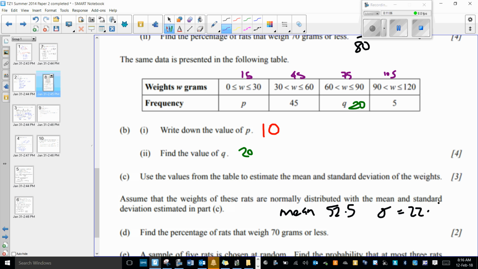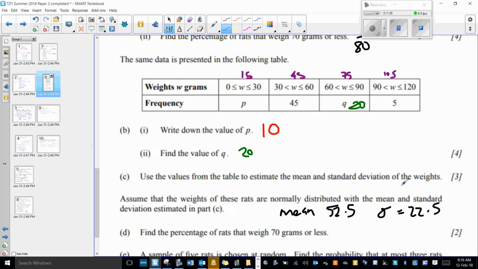Find the percentage of rats that weigh 70 grams or less. Sorry, it totally wrote that in the wrong place. This should be written up here. Assume the weights of these rats are normally distributed with the mean and standard deviation that we just found.